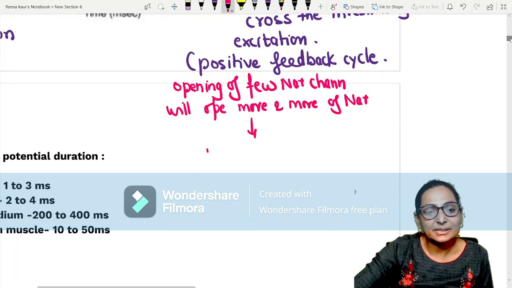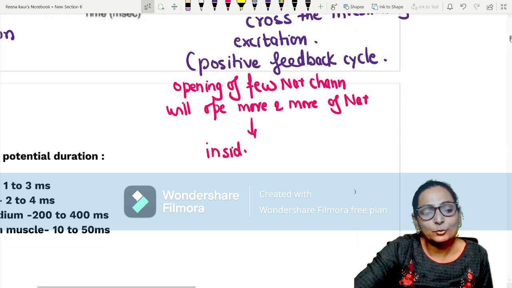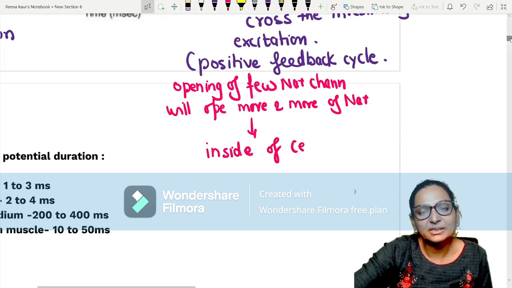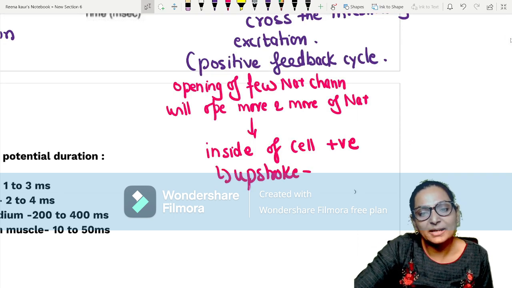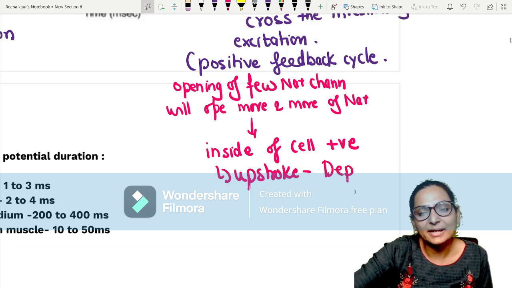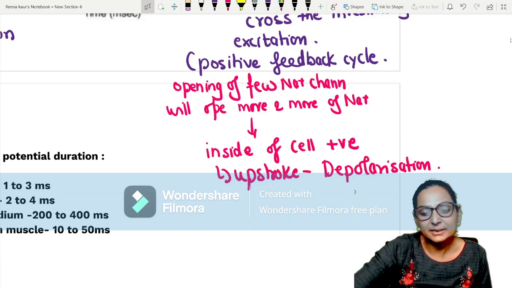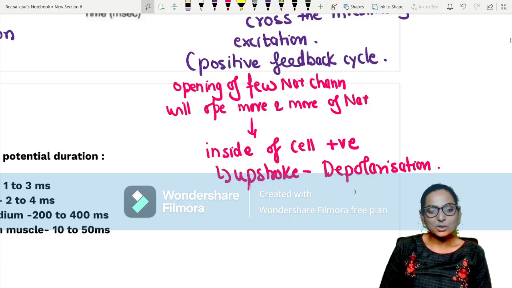This will cause the inside of the membrane, or the inside of the cell, to become positive, and that upstroke is called depolarization. So what is the cause of depolarization?